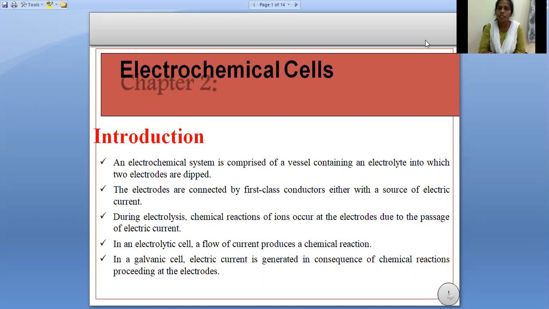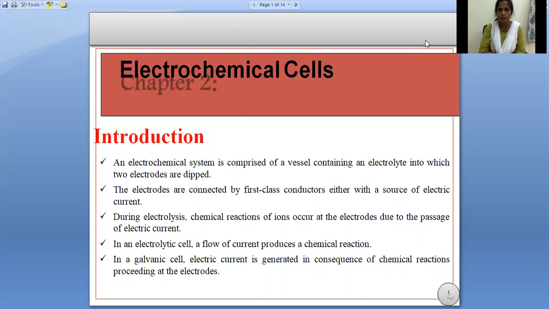Electrode potential is nothing but the potential of a single electrode, that means either for anode or the cathode. It is the potential difference between the electrode and its salt solution. For example, if you are taking zinc as an electrode, its own salt solution is zinc sulfate or zinc chloride.